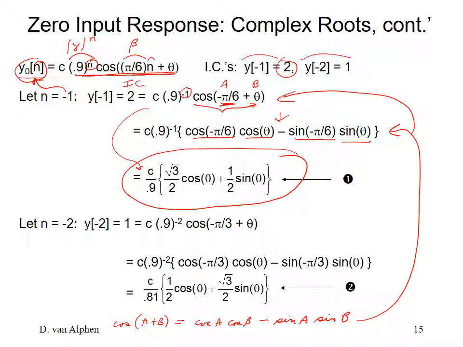Then I take the c and write it as c over 0.9, because 0.9 to the negative first is now just a number. Cosine of negative pi over 6 on your calculator is root 3 over 2. Over here, I have the negative of sine of negative pi over 6. Again, that's a number. When you throw in the negative sign sitting in front with the sine of negative pi over 6, it becomes the number 1/2.